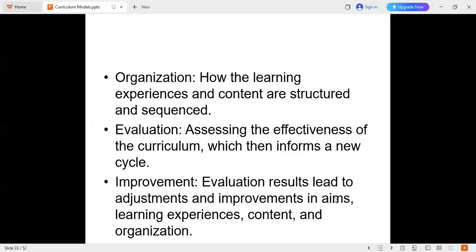As citizens of this country, teachers, adults, fathers, mothers, we can simply assess the curriculum that we had in the past, how it has served to develop this country.